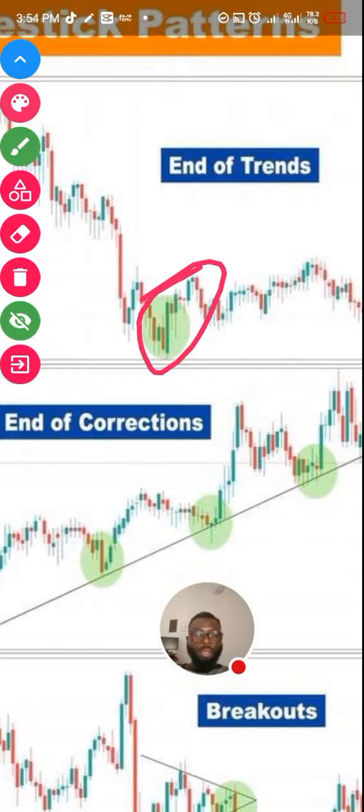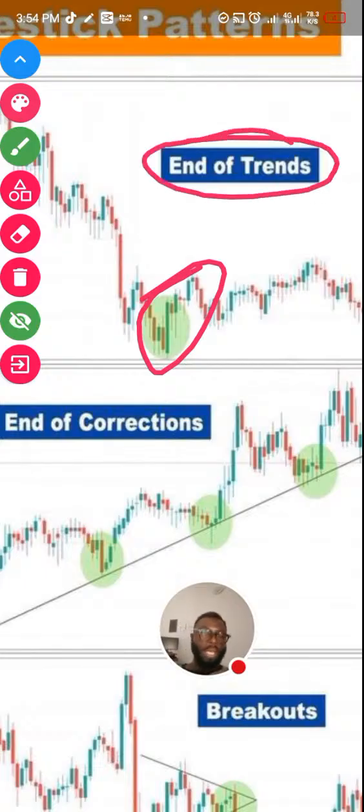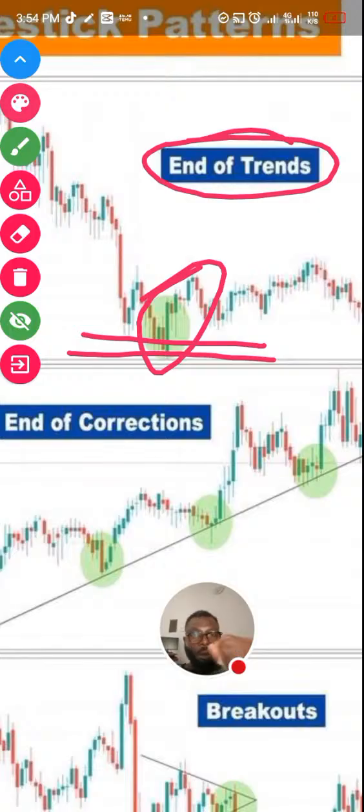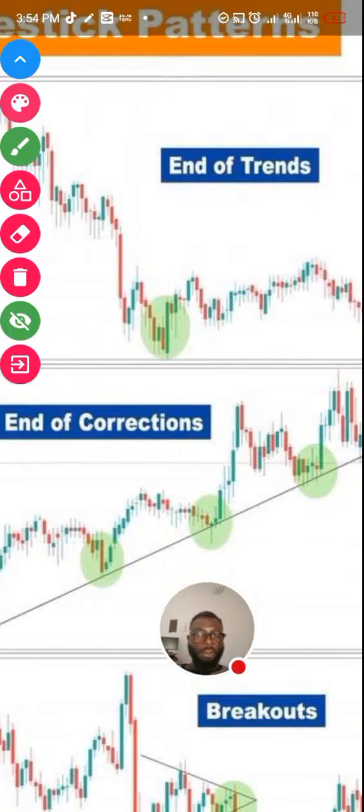So what do I mean? For you to identify the end of a trend, there are things you would see. I've given you three factors. In this scenario, we have this engulfing candle that played out at the zone, at the support area here. What is an engulfing candle for those that don't know? An engulfing candle is a candle whose body covers the previous candle.